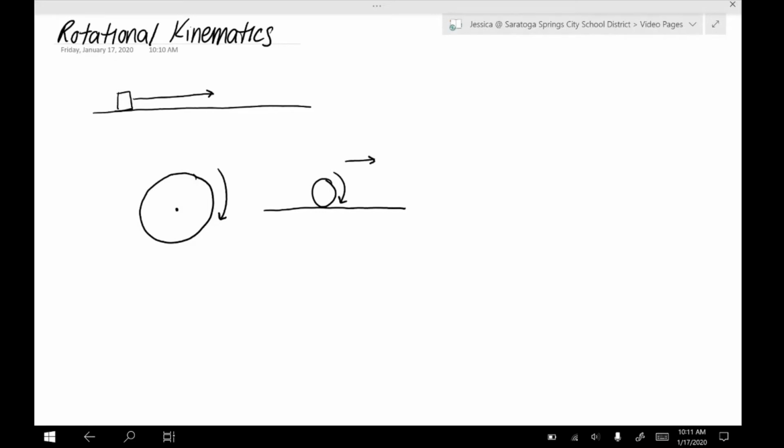Okay? So rotation on its own would be just a turntable, and then the ball rolling would be rotational motion and what's called translational or linear motion.